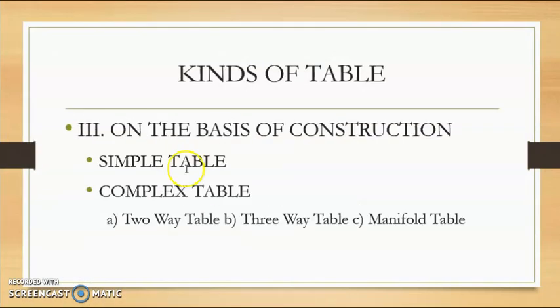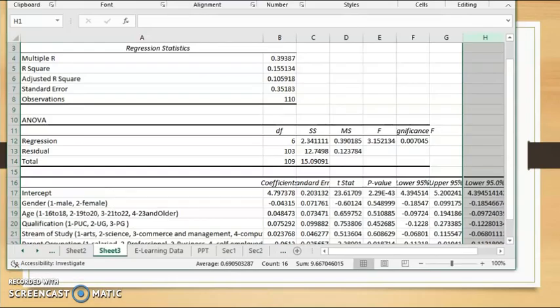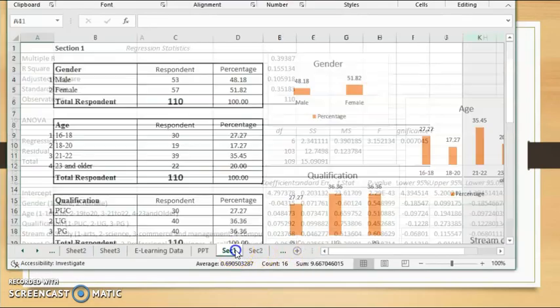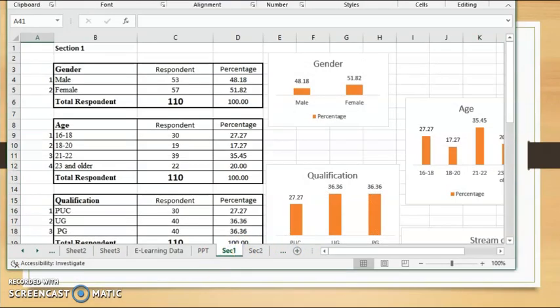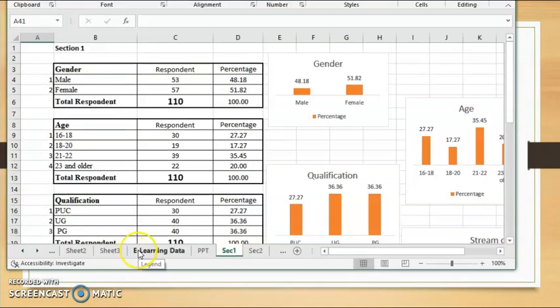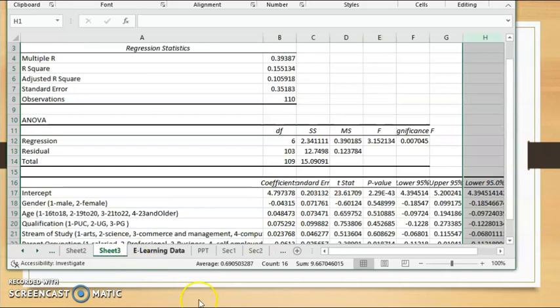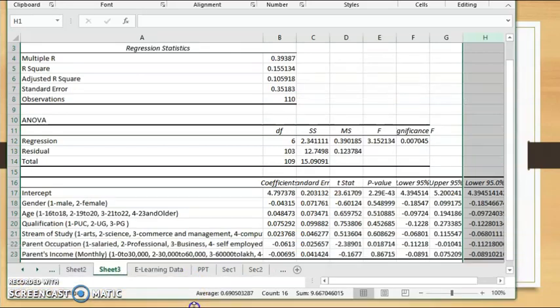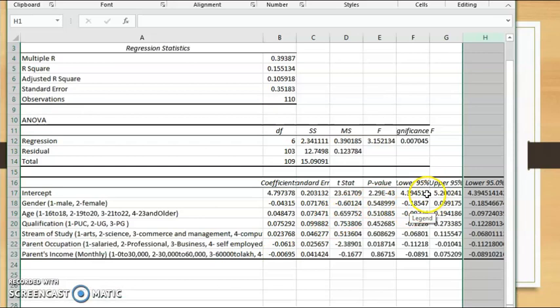So next we have another type, that is simple table and complex table. Simple table is the one which I showed, age, gender, right? So that becomes your simple table. And when I say complex table, it becomes your regression, where you will be able to understand only if you know what is regression, right?